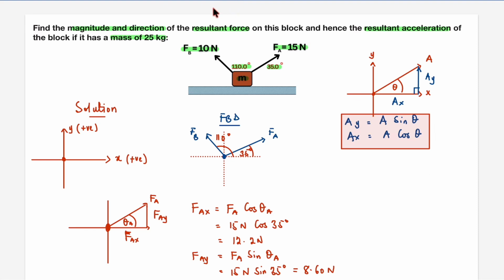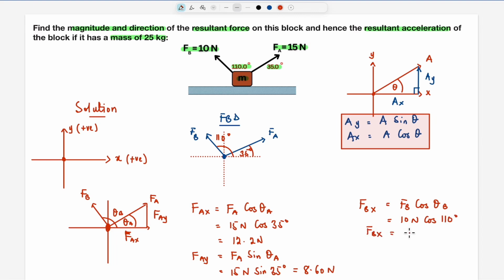So for FB, we have FB acting at an angle of 110 degrees. All right, so this is theta B. In the same sense, FBX is going to be FB cosine theta B. But FB is 10 newtons, and then cosine of 110 degrees.